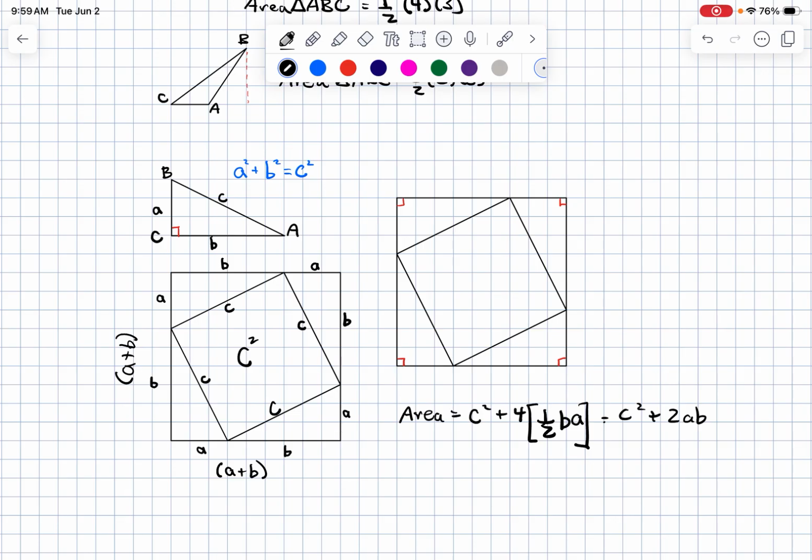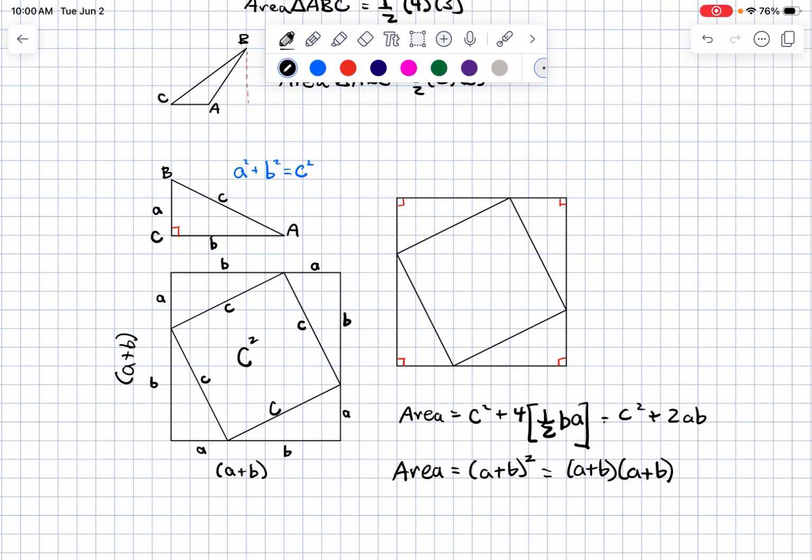It's an a plus b length and an a plus b width. So if I want to get the area, instead of adding the various parts, I could just say it's a plus b, squared, which is a plus b times a plus b.